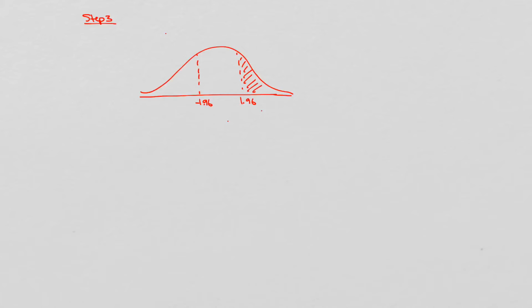Mark in our critical region. Then we label it our critical region. Anywhere in this region here, we reject our null hypothesis.